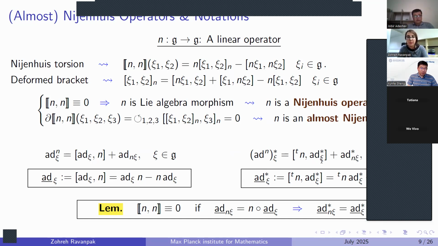In terms of coadjoint representation and N transpose, with this notation, for example, we can simplify the Nijenhuis torsion-free condition to this. And we have it in terms of the coadjoint representation. So it helps us to simplify the computations.